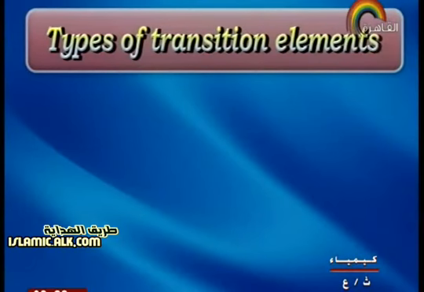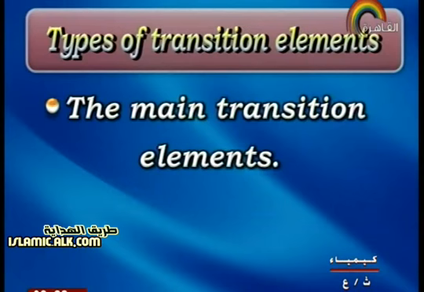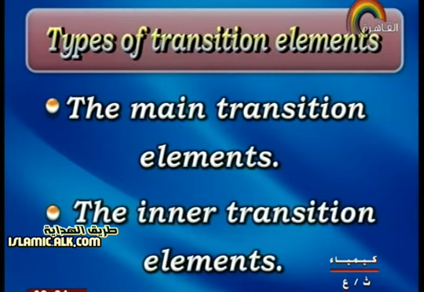The types of transition elements are two types: the main transition elements, where the electrons fill the D sublevel from 1 to 10 electrons, and the inner transition elements, whose configuration ends by filling the F sublevel from 1 to 14 electrons.